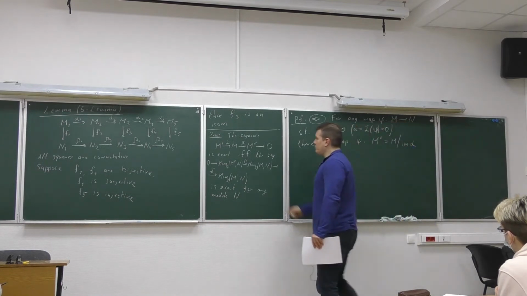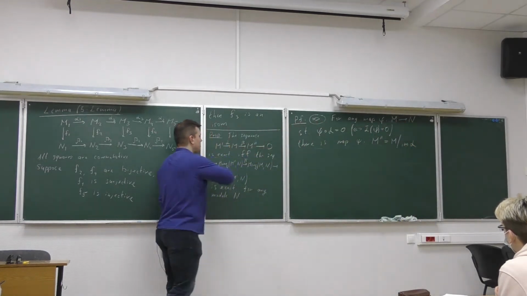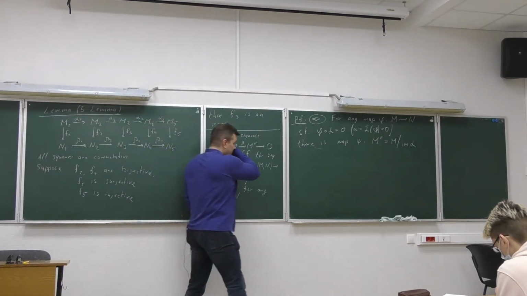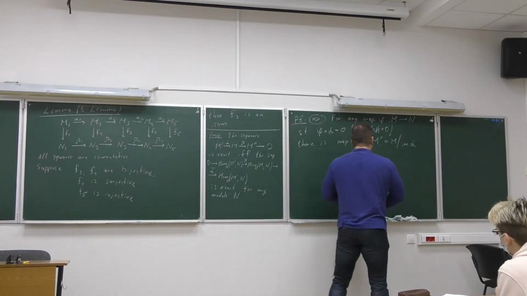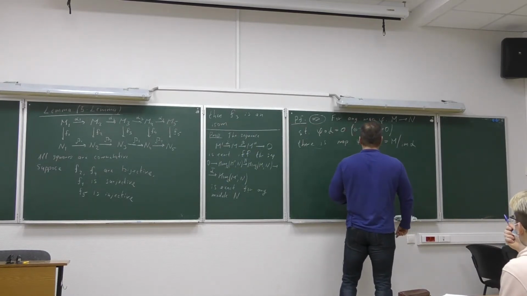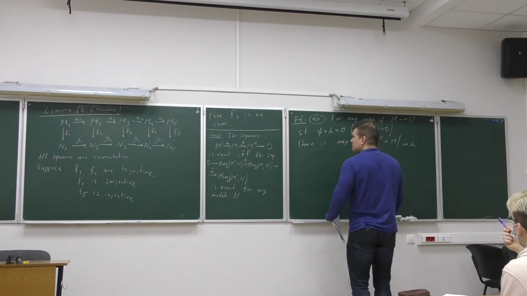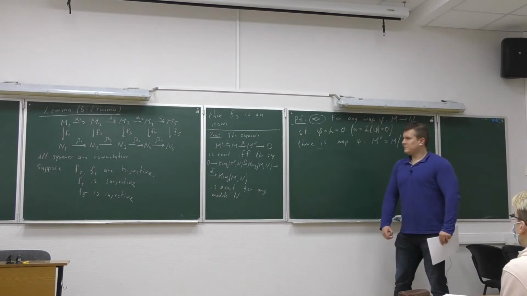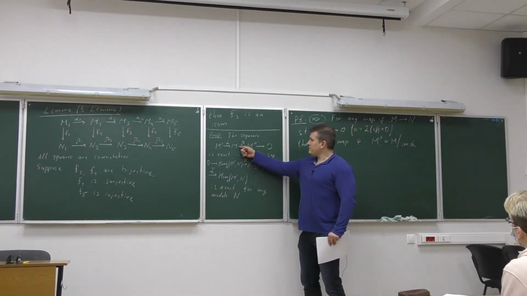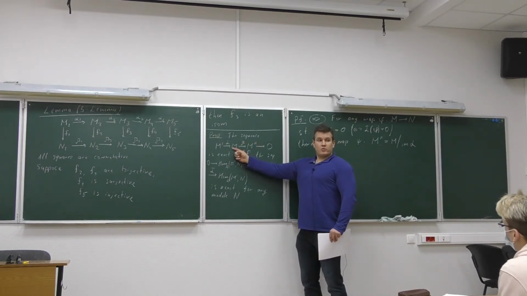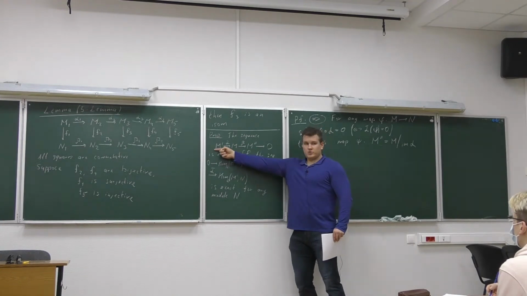This follows immediately by the exactness of the given sequence. No, it's the image of alpha. So this beta is surjective. It means that the image of beta, which is exactly M double prime, is the quotient of M by the kernel of beta, and the kernel of beta is exactly the image of alpha.